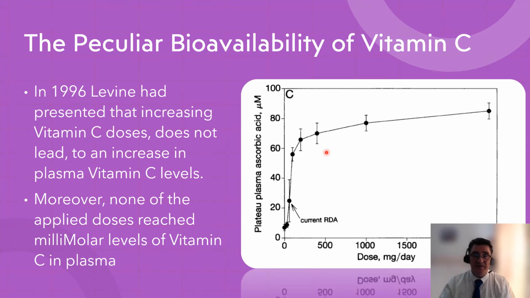We can see that 250 milligrams or 500 milligrams of conventional vitamin C result in quite similar plasma levels, which are unfortunately not effective enough to combat infections, because we know that the beneficial effects of vitamin C are seen once vitamin C has reached millimolar levels in our blood.